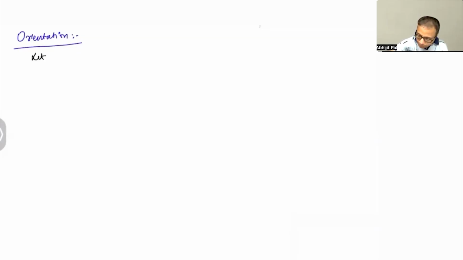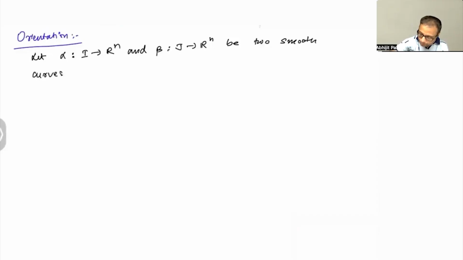Let alpha and beta be two curves in Rn, and we'll also take alpha and beta to be smooth curves. Be two smooth curves in Rn.